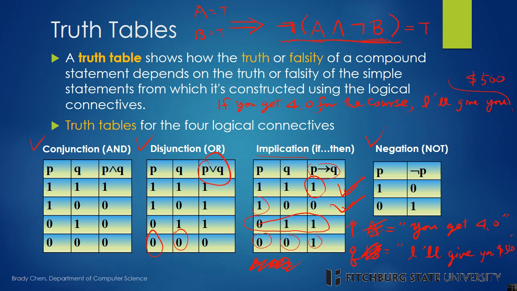Now, how can we interpret this third case? Now P is false. That means you don't get 4.0. And Q is true.